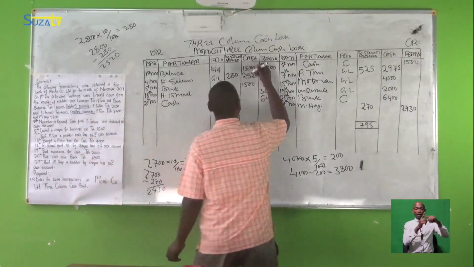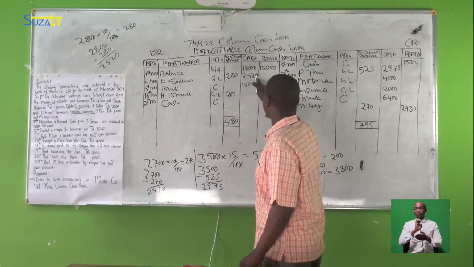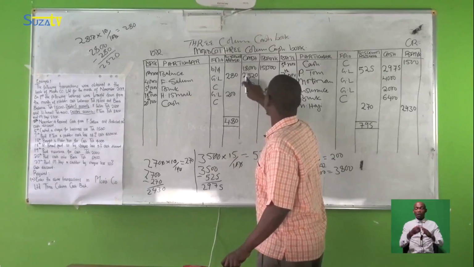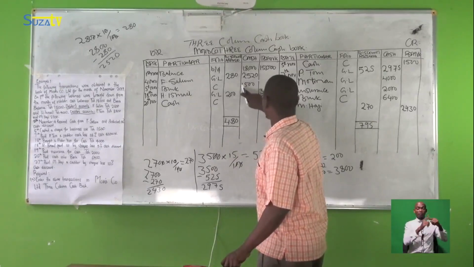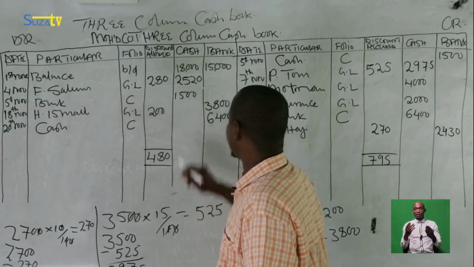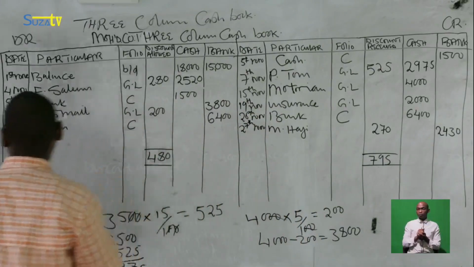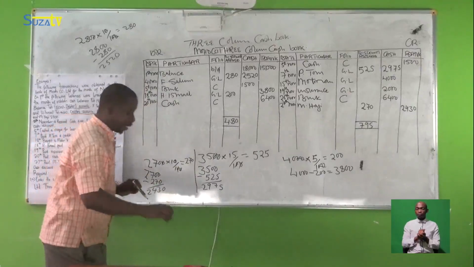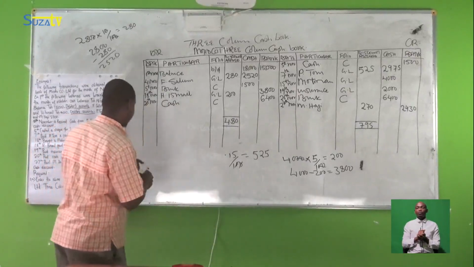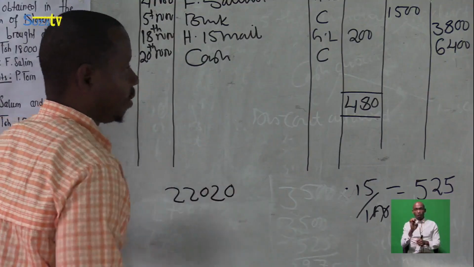Add this, 18,000, add 2,520, you get 20,520, and 1,500, you get 22,020. You write it here, 22,020.